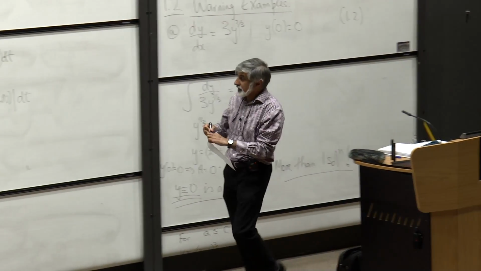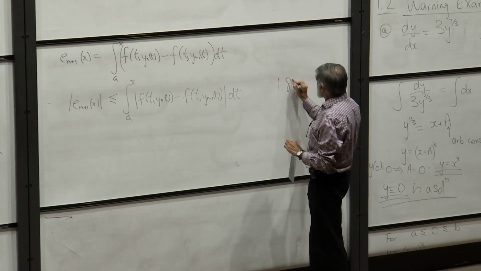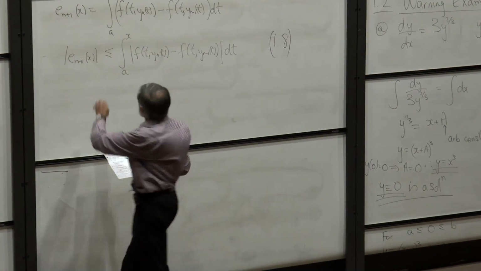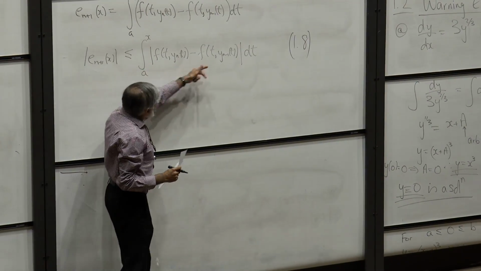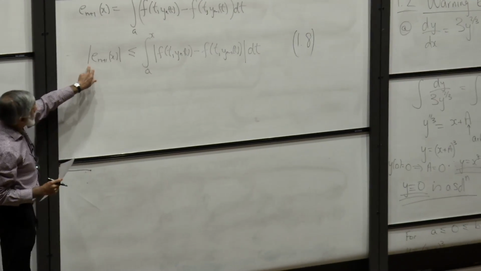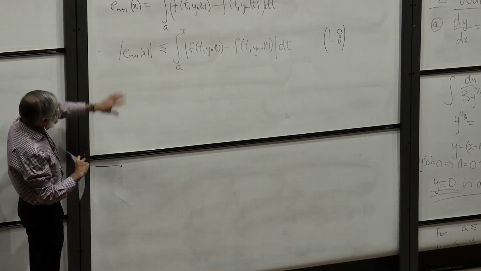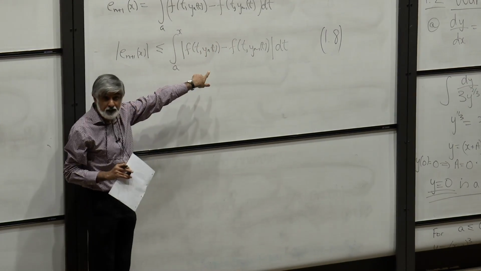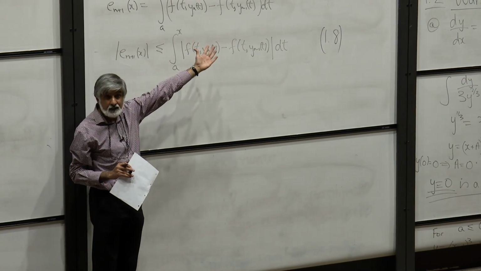And that's 1.8. And now, crucially, wouldn't it be really nice? You see, if we want to really do something with this, it would be nice if we could get an e out of here, an E_n.